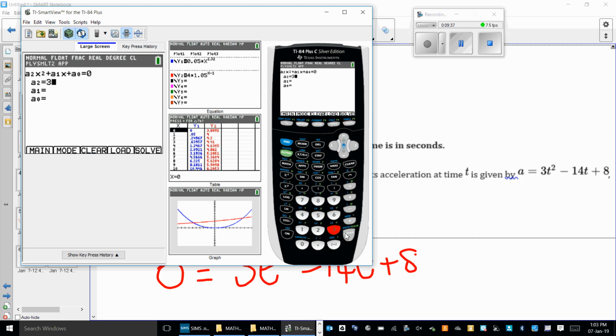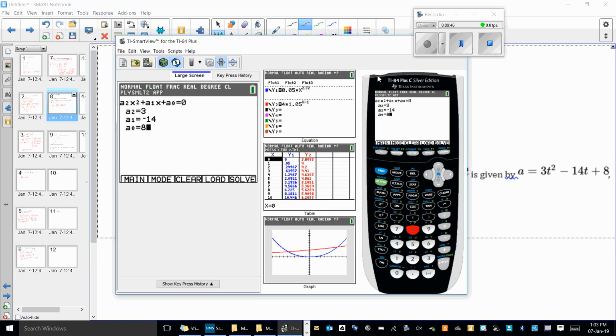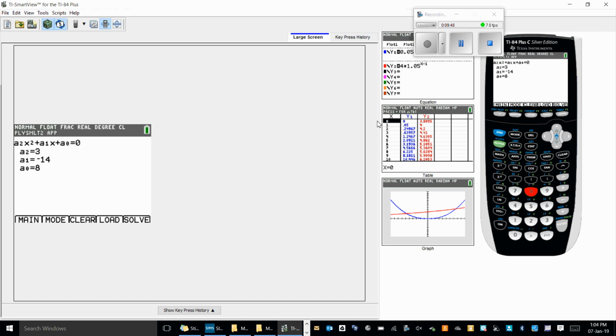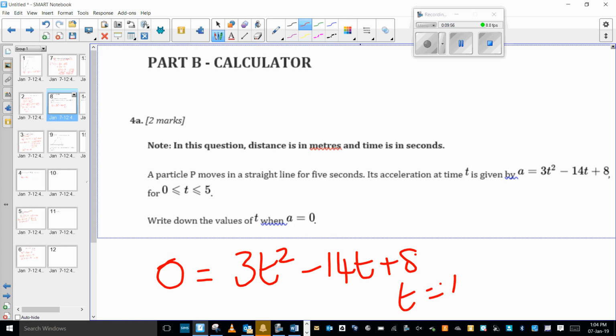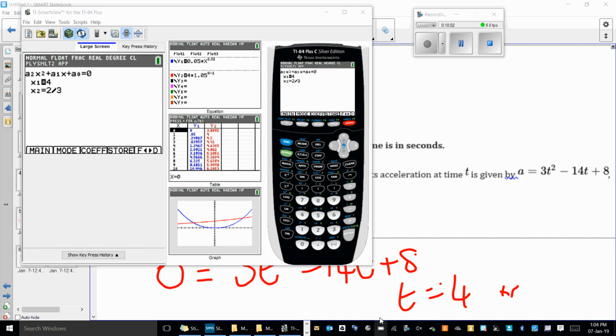Our first value is 3, and then negative 14, and then 8. Alright, 3, negative 14, and 8. And solve. So we've got t is 4, or 2/3.